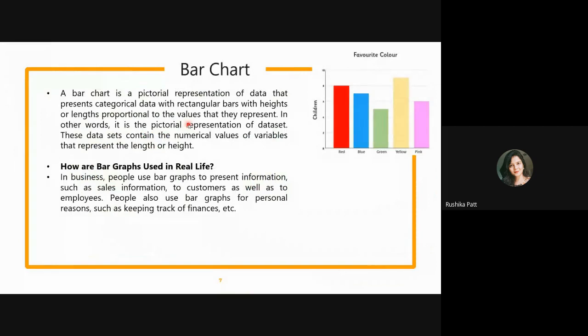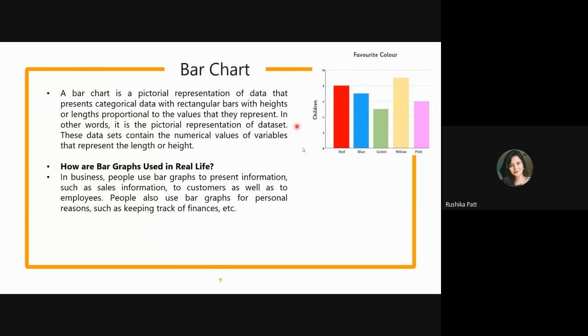So first we will go for the bar chart. Many of you might not have done this, so you should be very clear about what a bar chart is. You can see in the diagram, this kind of bars will be created for particular data. It always represents categories of the data.